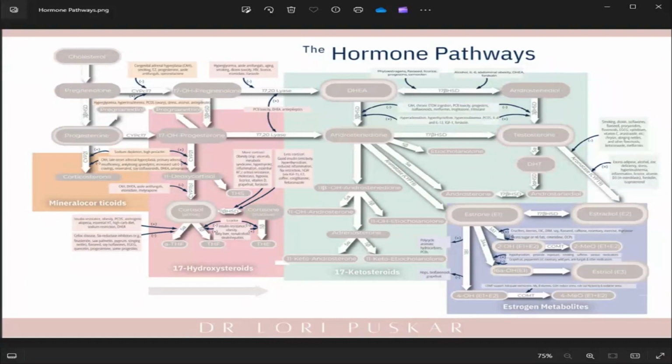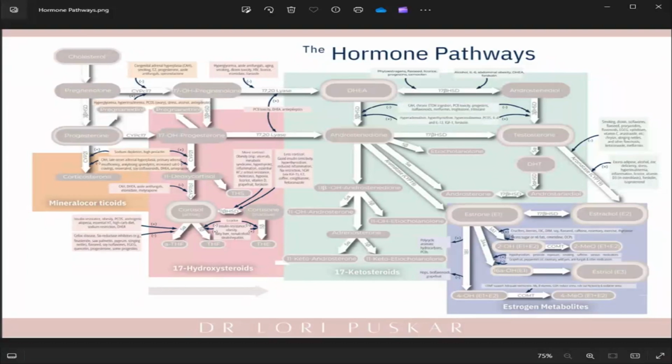The problem is that what we're running into in today's society is that down in the bottom of the pink there, if you can see it, there's a big circle and it's called cortisol. And cortisol is the stress hormone. So if you are excreting too much cortisol, that starves out, and it's called the steal. It's getting stolen from the other hormones so that you will run into a deficiency.